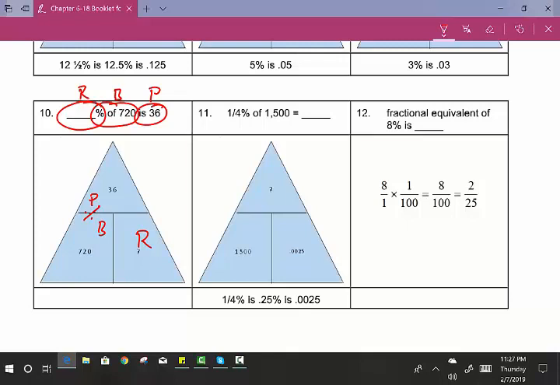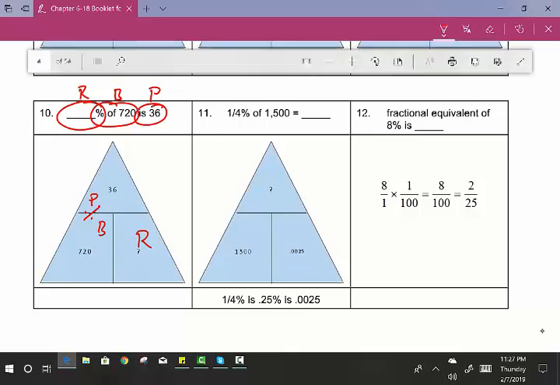And whenever you do this on the calculator, it will give you a decimal value of 0.05. Just move the decimal point 2 places to the right to convert the decimal to a percent, D to P, so that equals 5%. So 5% of 720 is 36.